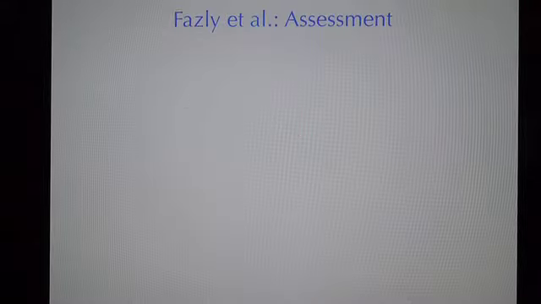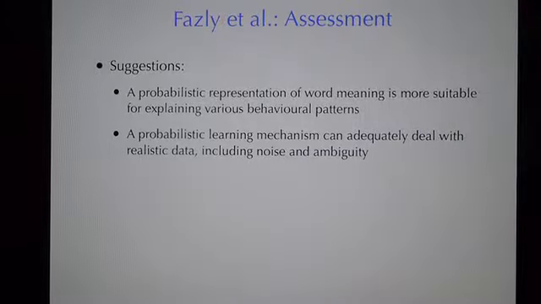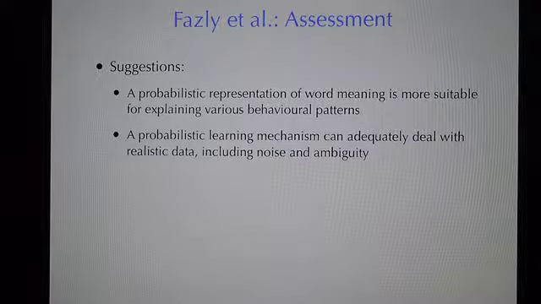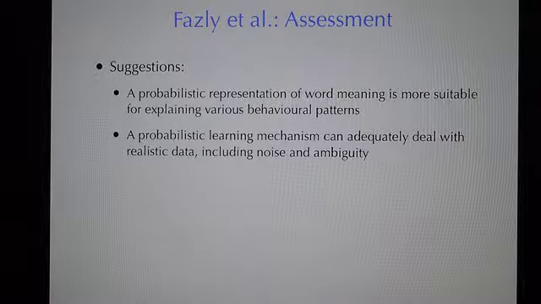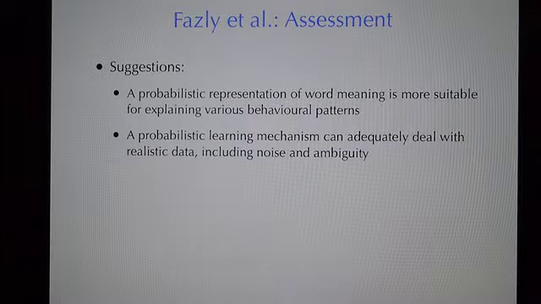So if I want to wrap up this model, basically it suggests that the probabilistic representation of word meaning is more suitable than a rule-based symbolic representation of word meaning, because it can deal better with noise and ambiguity, but also it can show various behavioral patterns that are observed in children.